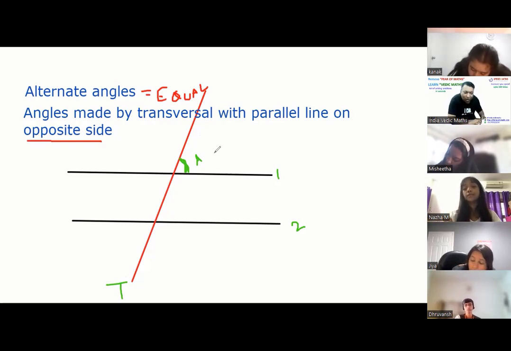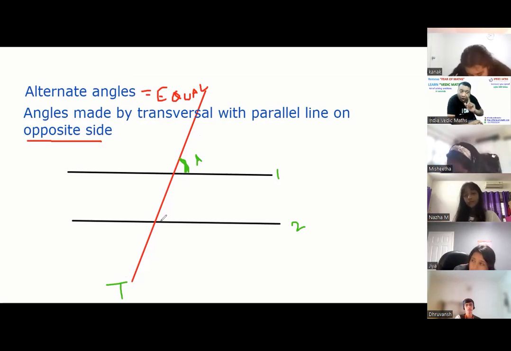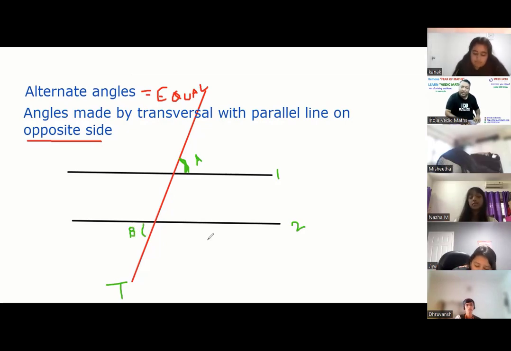Now we want the transversal to make an angle with line 2, but opposite. It is on the right side, so it should be on the left. The top, it should be on the bottom. Why is it opposite? See, angle A is on the right side, so angle B is on the left, correct?